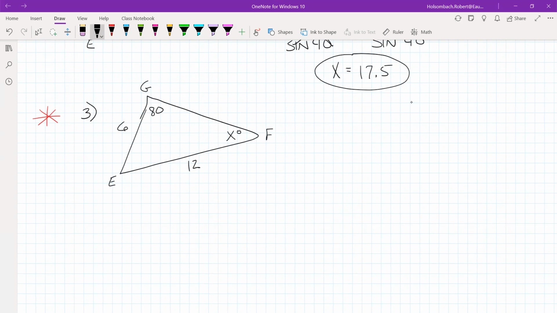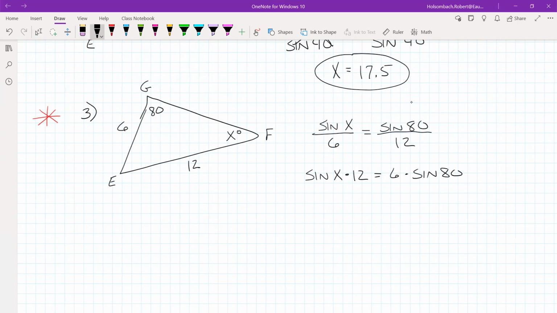All right. So we're going to say sine of X over 6 is equal to sine 80 over the 12. We're going to crisscross multiply again. So we're going to get sine X times 12 equals 6 times sine 80.